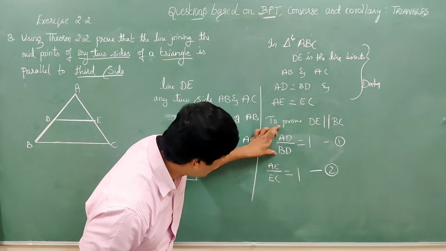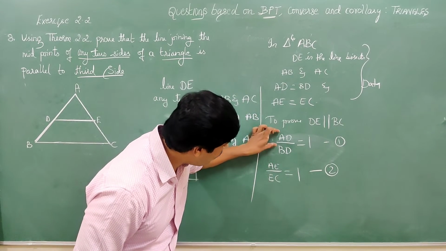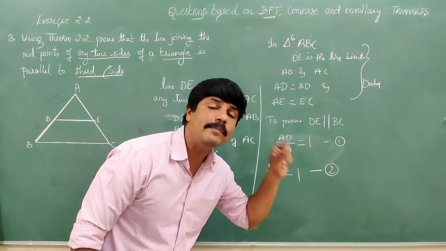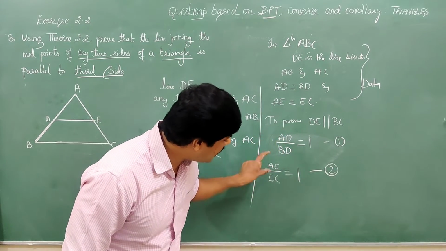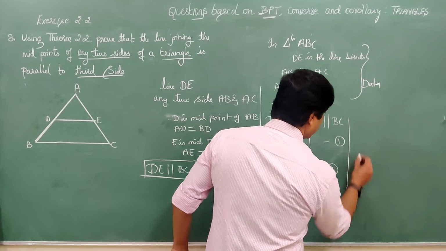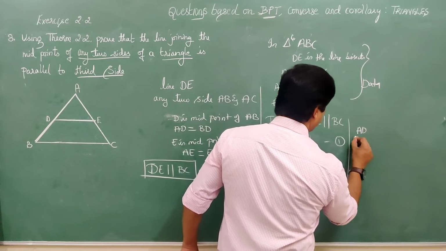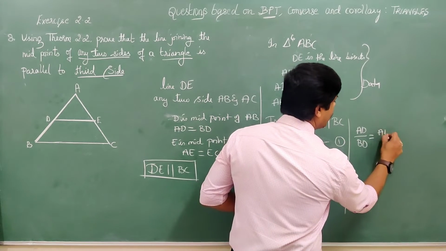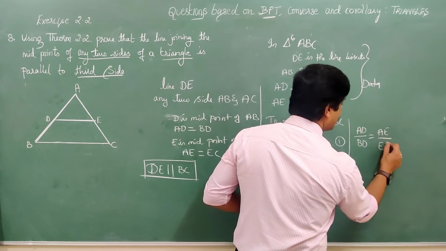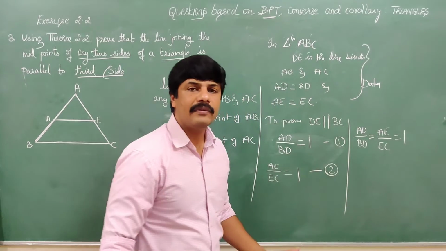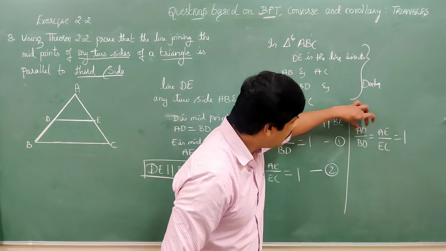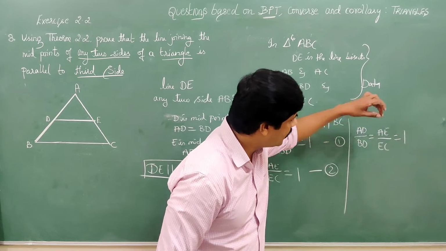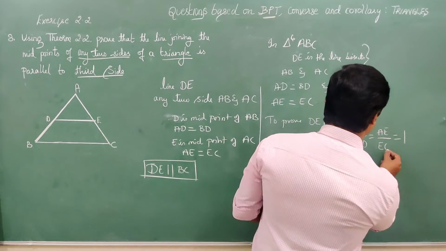Now see that 1 and 2. If you see 1 and 2, AD by BD is equal to 1, and AE by EC is also equal to 1. Means AD by BD is equal to AE by EC, both are equal to 1. So we have proved that AD by BD is equal to AE by EC.